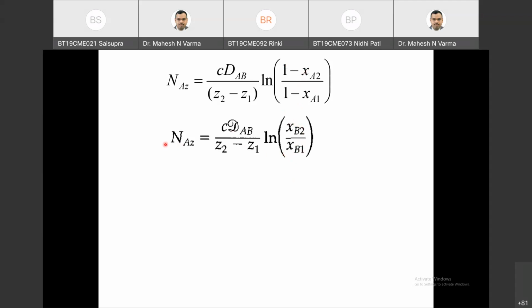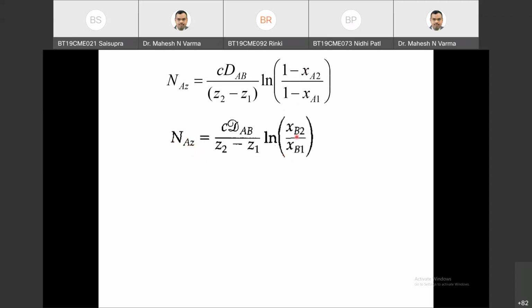This is again the flux of A in the Z direction. The flux of B will be 0 because the solubility of B in the liquid is negligible, hence NBZ will be equal to 0.